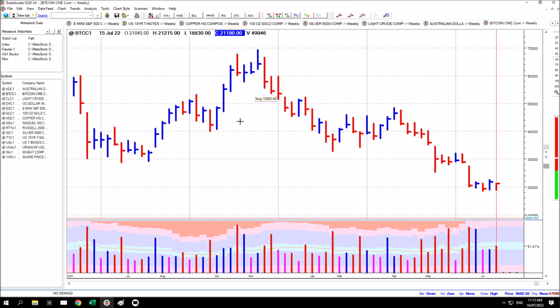I would expect this market will continue to trade sideways around the 20,000 before it attempts to move higher. And if the market continues to move lower, expect another one of these widespread down bars, another breakdown bar similar to this one in response.